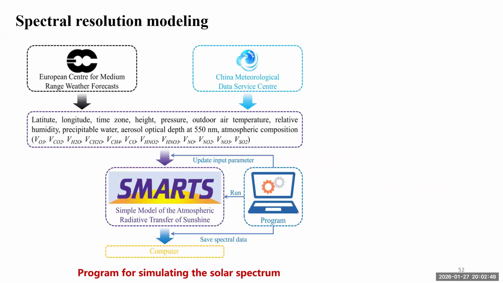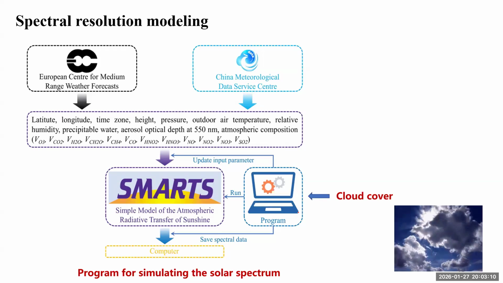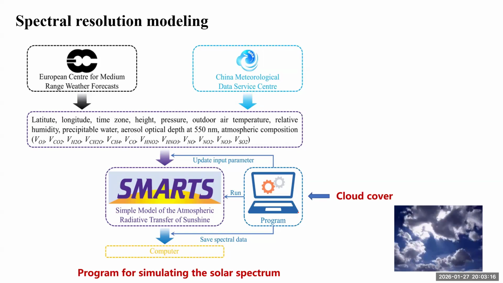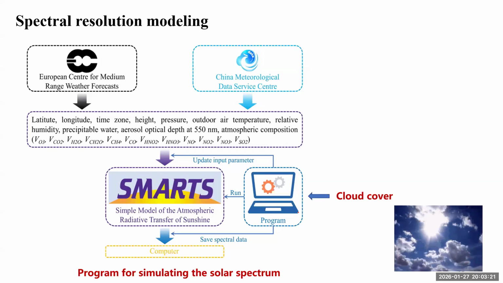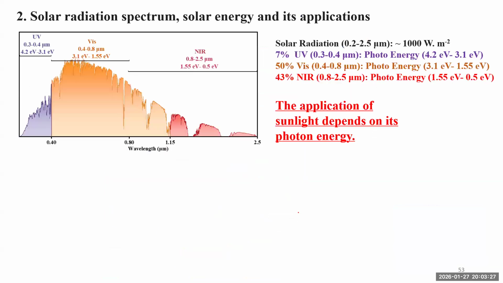My research group also wrote a program to help us, with the different composition of the atmosphere, get the actual solar spectrum at all times, considering if there is a cloud, if there is rain, how the carbon dioxide ppm varies, and for different seasons and different times during the day.